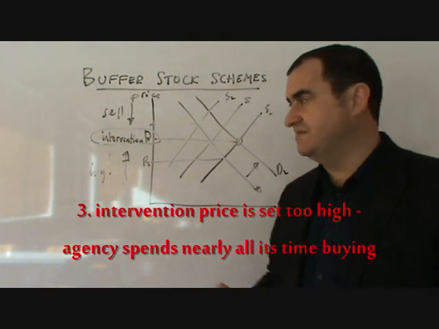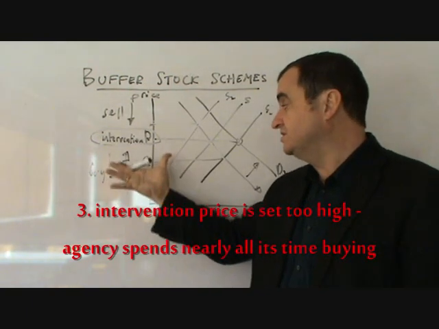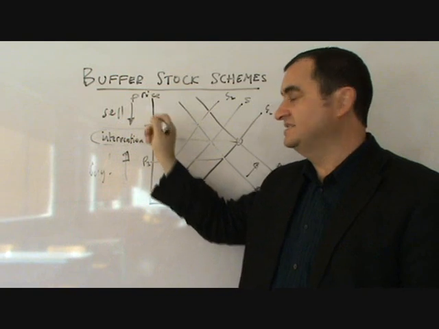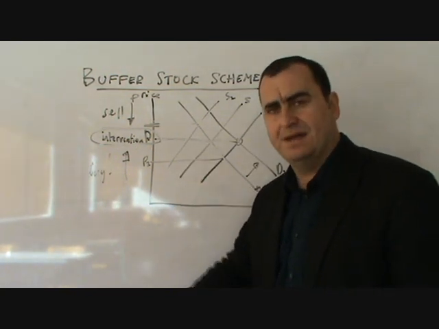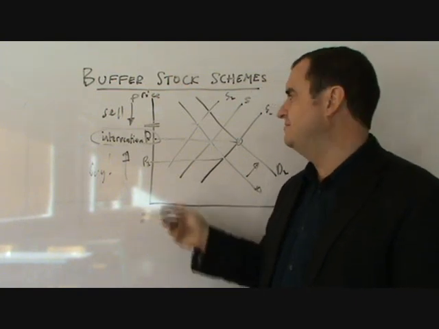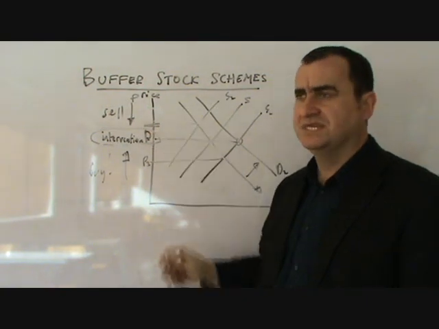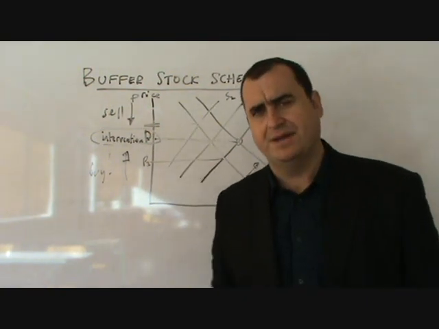And as a consequence of that, they spend the majority of their time trying to boost price up to this too high intervention price. So most of the time they're buying and buying and buying the commodity, pushing the price up, and they rarely find that the market has the price above the intervention price. So they rarely get a chance to sell this commodity that they've been buying and buying and buying.